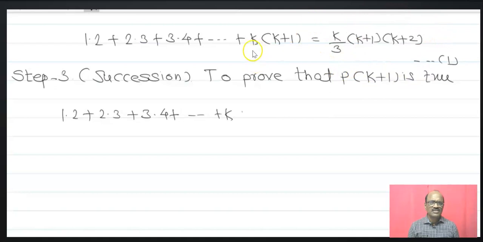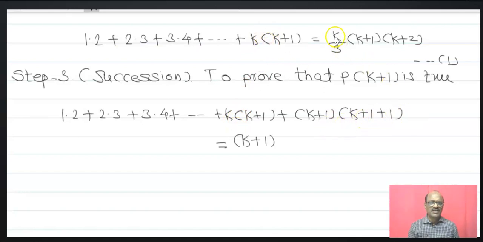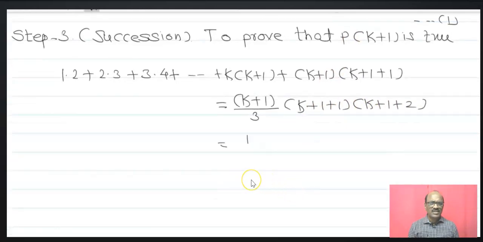Now see this result, that is k plus 1, this is the previous term, and the next term is k plus 1, k plus 1 plus 1. Again here is k plus 1 upon 3, k plus 1 plus 1, k plus 1 plus 2. And again write one more step, that is k plus 1 upon 3, k plus 2 and k plus 3.